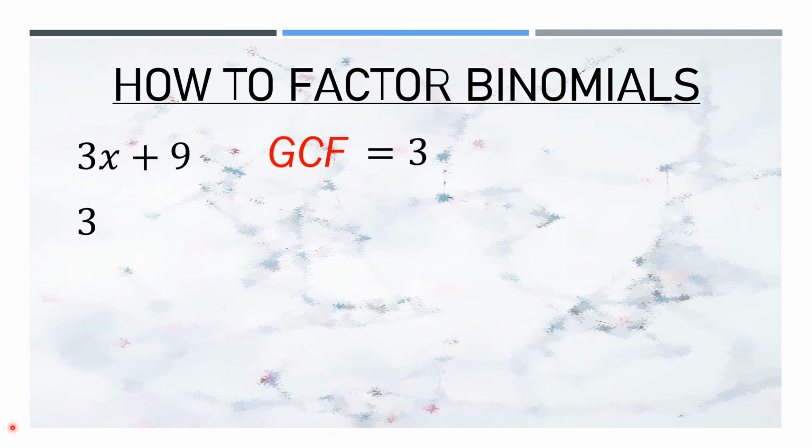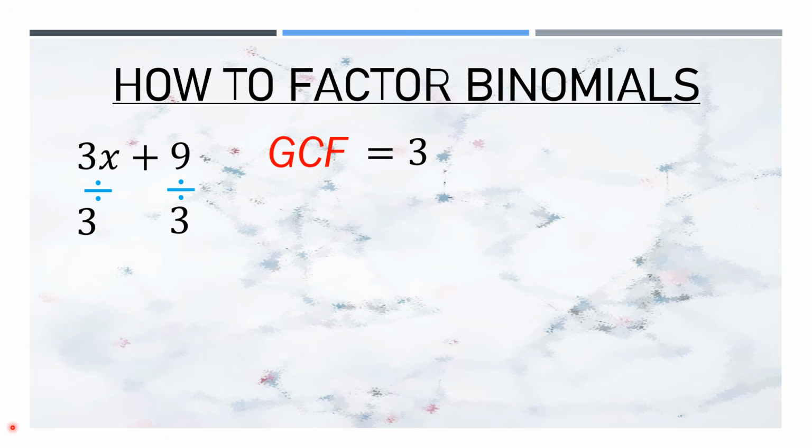Okay, after that, ilalagay natin ang GCF natin sa baba ng 3x at sa baba ng 9. Bakit? Because we need to divide the GCF to both terms, dun sa 3x at sa positive 9. So let us divide 3x by 3 and let us divide 9 by 3.